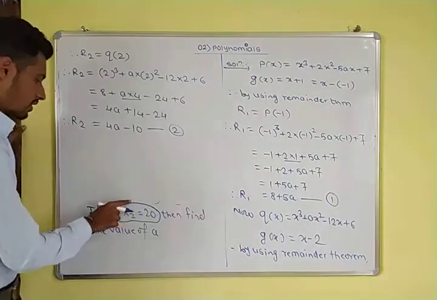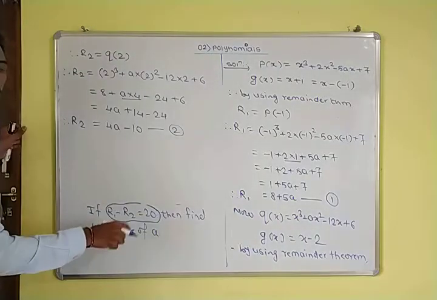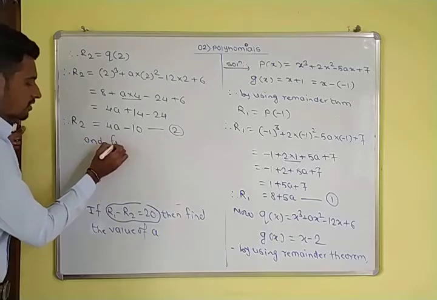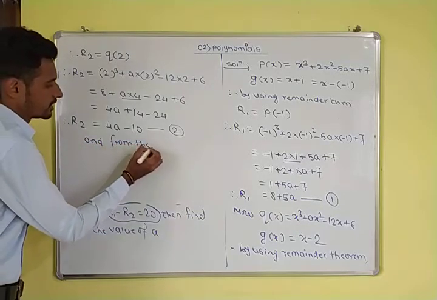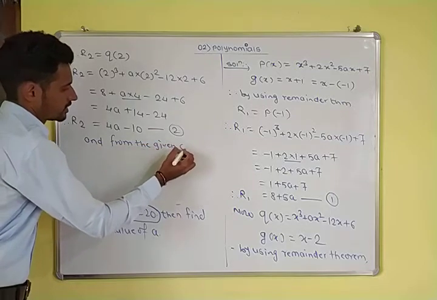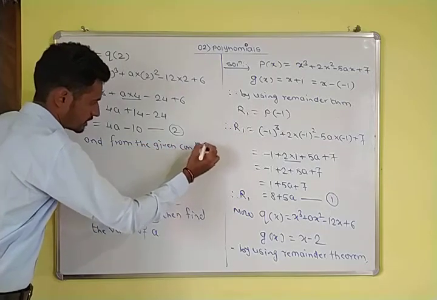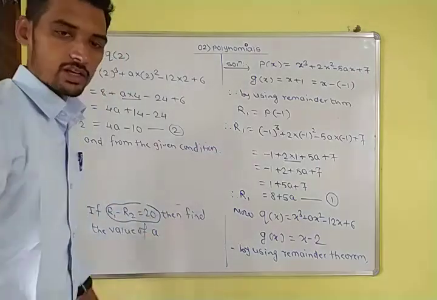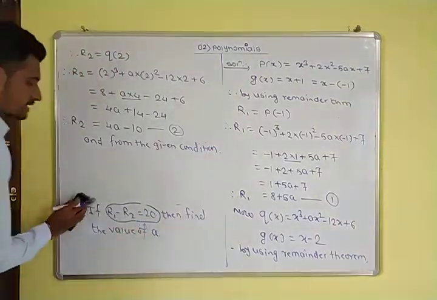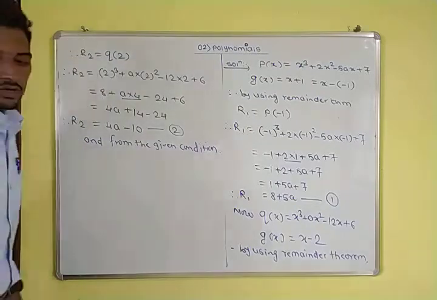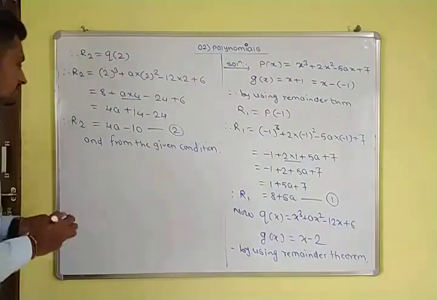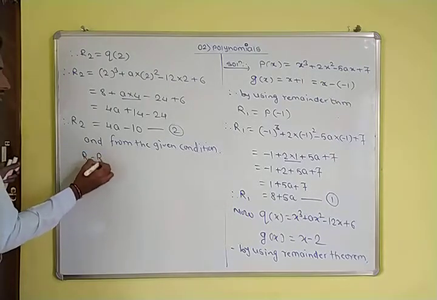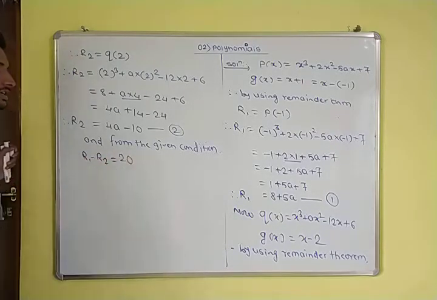And now, from the given condition, which is the given condition? The difference between the two remainders is equal to 20, r1 minus r2 is equal to 20.